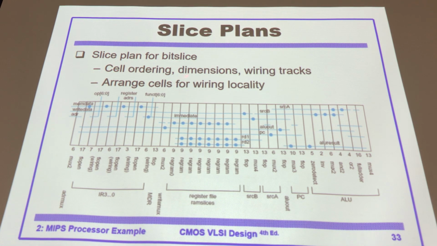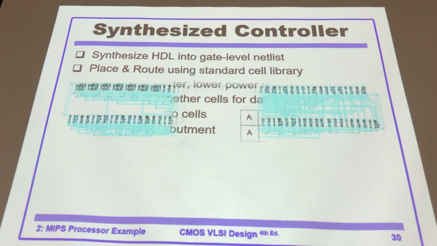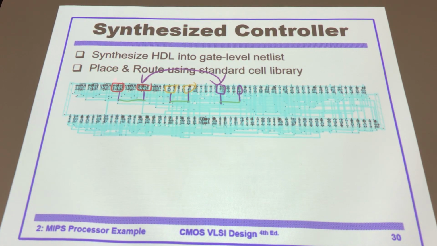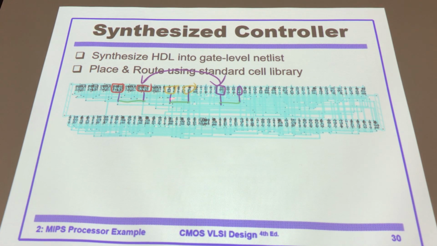Cell ordering in one dimension and wiring tracks are the issues you have to consider. Let's say, how do you order the cells? That affects your connection, right? Just like cell routing. How you order the cell sequence determines your channel, your routing, or wire connection.